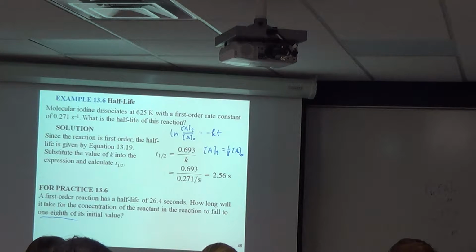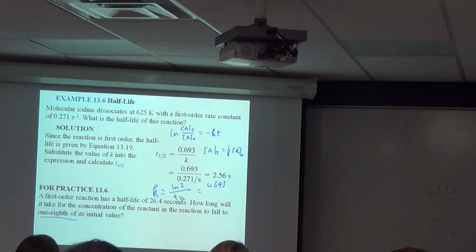So how long does it take for your concentration of A to fall to 1/8 of your initial? And you need a k. How can you find k? From an equation like this, k equals ln2 divided by t 1/2. So ln2 is 0.693, t 1/2 is 26.4.